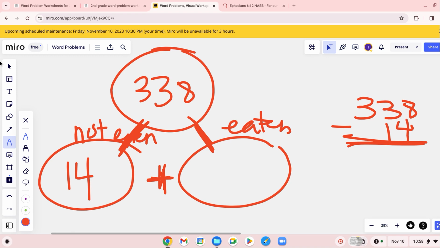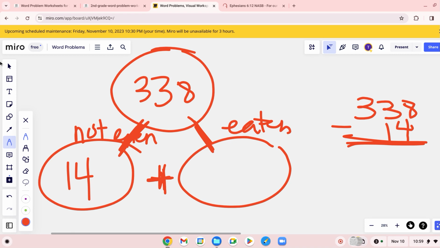So what is a number sentence that uses plus for this? I don't know. Look at the diagram. What plus what equals what?